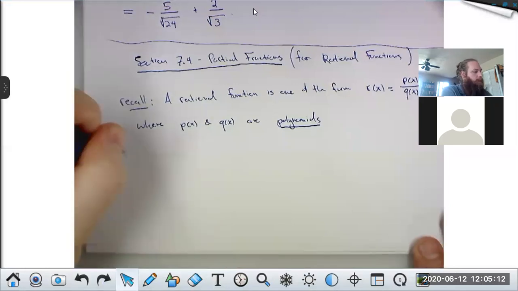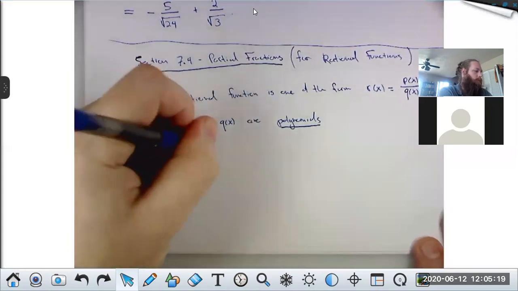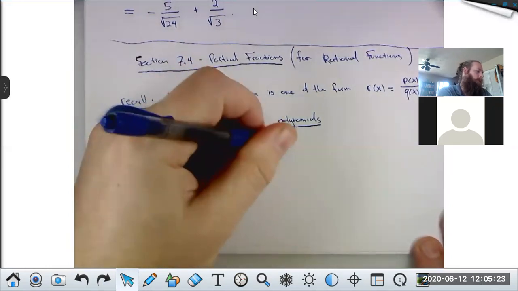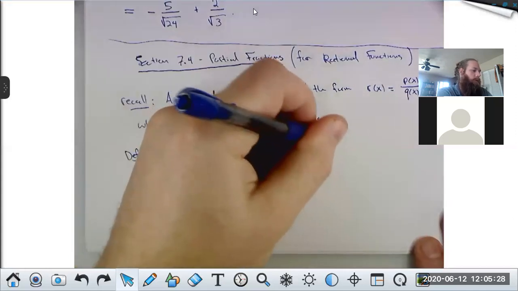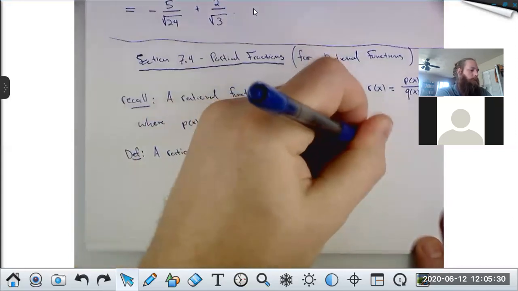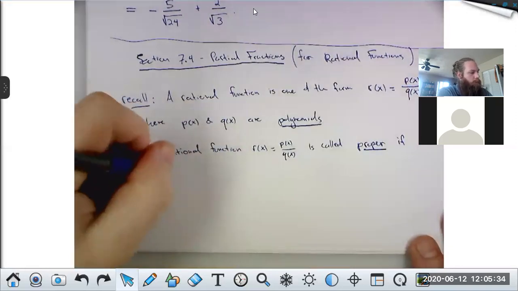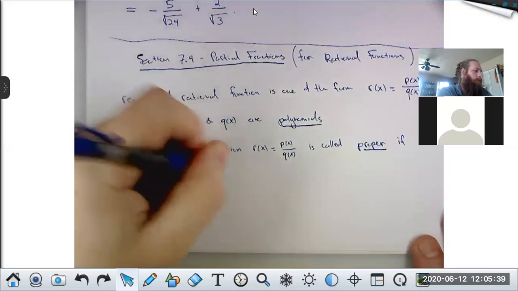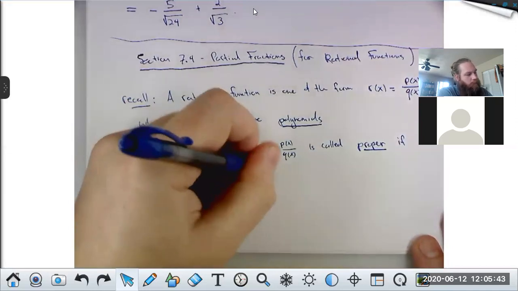There's a definition that I need you to internalize. A rational function r of x equals p of x over q of x is called proper if the degree of the bottom is strictly bigger than the degree of the top.